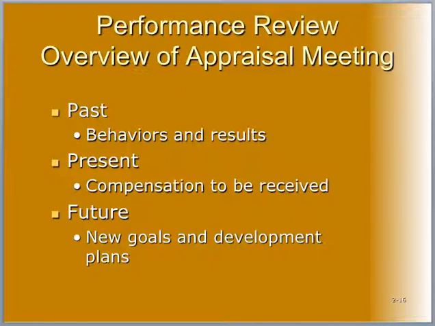And then you're going to set up the next meeting. You're going to agree on certain behaviors, actions, and attitudes to be evaluated. That's behaviors, actions, and attitudes by the employee that are to be evaluated at the next meeting. And again, any goals and development plans that are to be discussed at the next meeting.